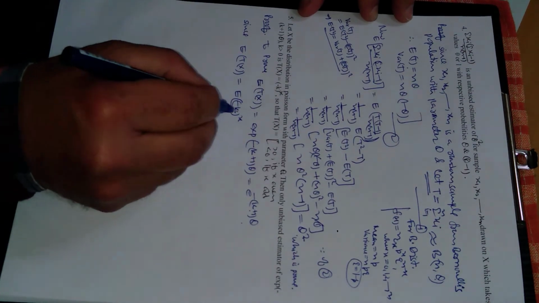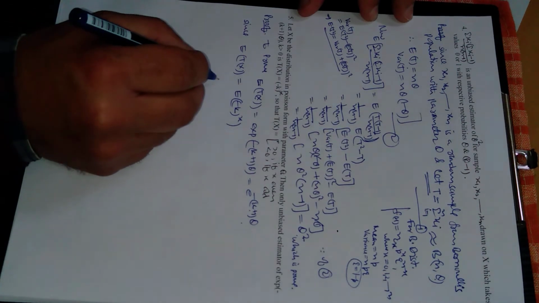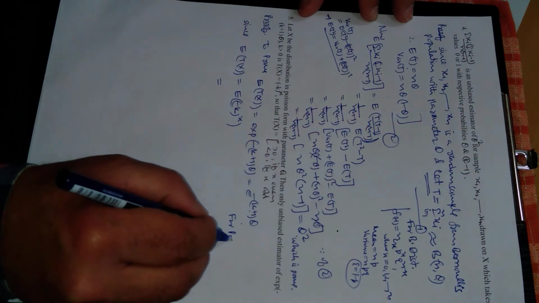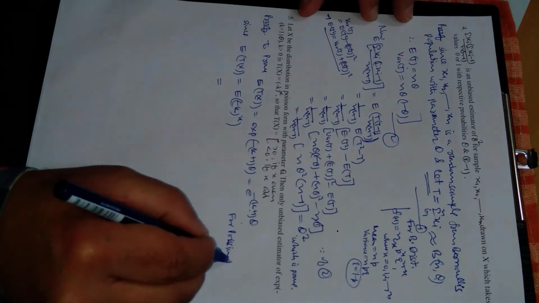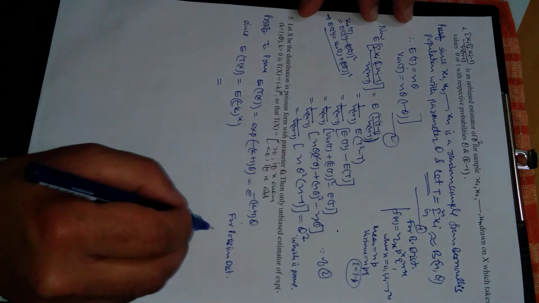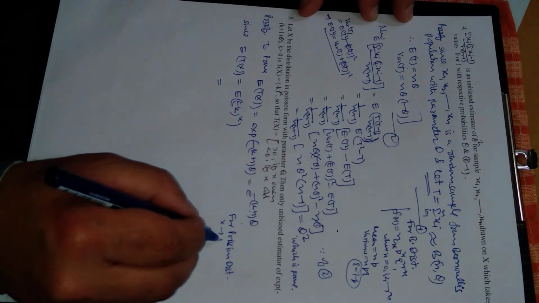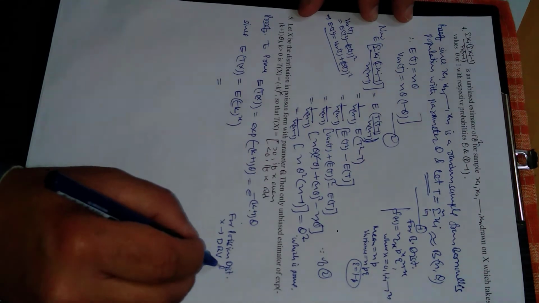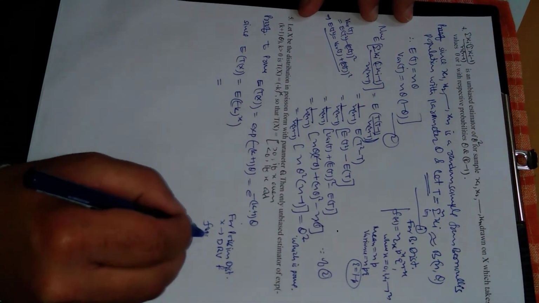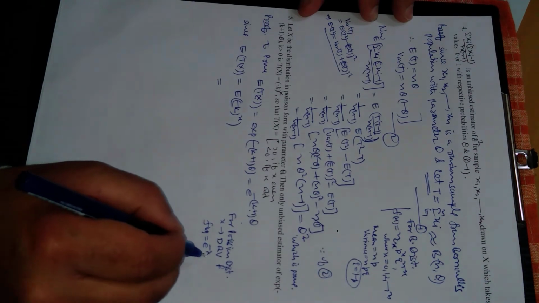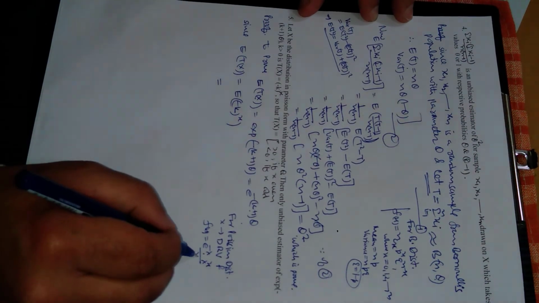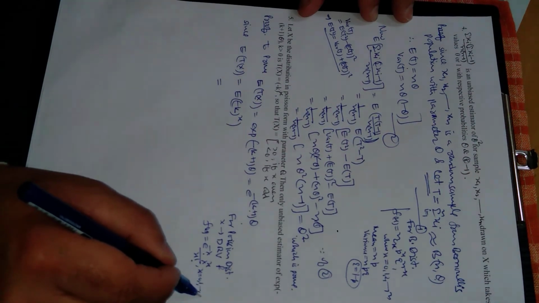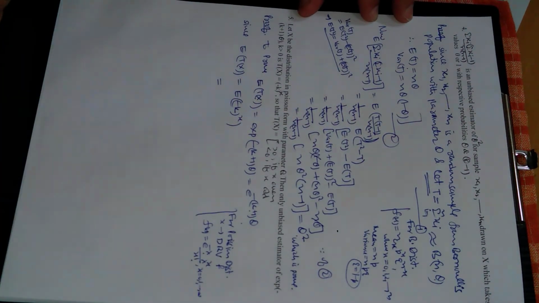Since we know for Poisson distribution, x is a discrete random variable, x discrete होता है, and density function is given like this one: e raised to power minus lambda, lambda raised to power x divided by x factorial, where x is equal to 0, 1 up to infinity, right? This is for Poisson distribution.